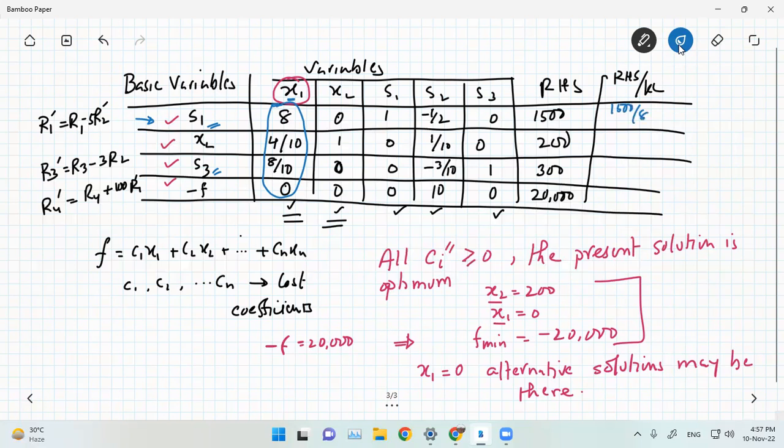And this will be your 200 divided by... okay, one thing that is important here: even though I'm trying to calculate the values, these values are not necessary, because we already have decided which parameter will enter and which parameter will leave.